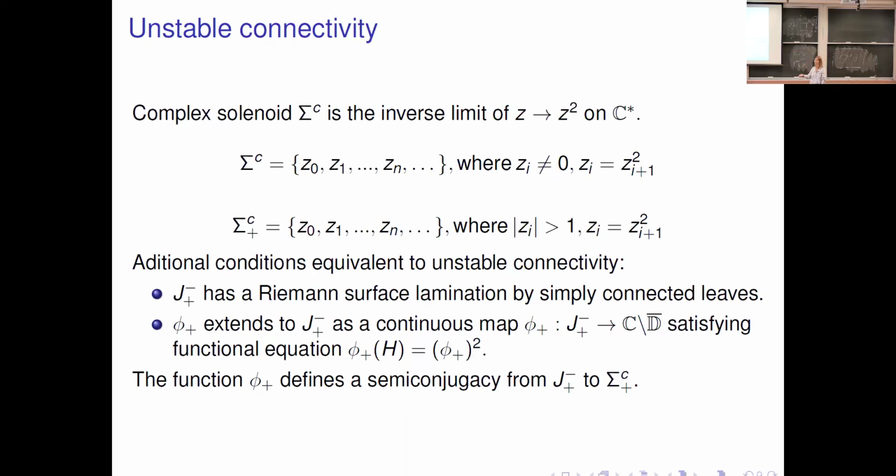And moreover, if it extends, then the map is unstably connected. So you should think that we have here J minus, and if the Julia set is connected, you can push this phi plus all the way to J.